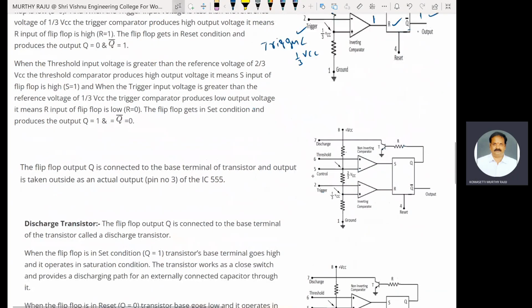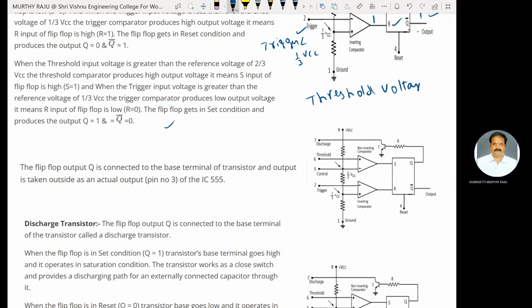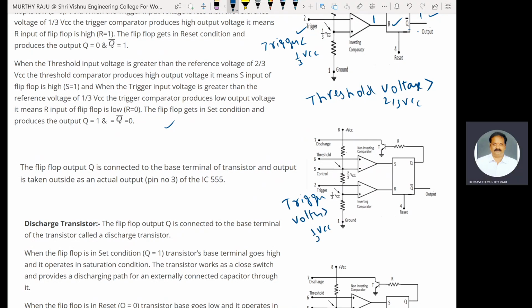Coming to this one, the threshold voltage is greater than 2/3 VCC and the trigger voltage is greater than 1/3 VCC.